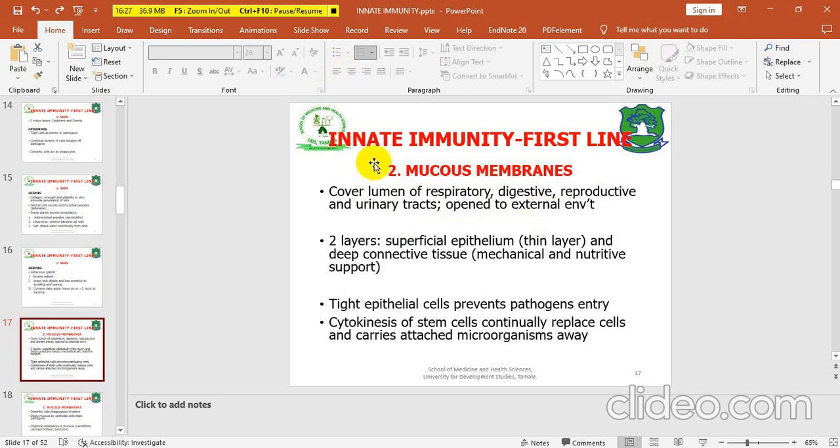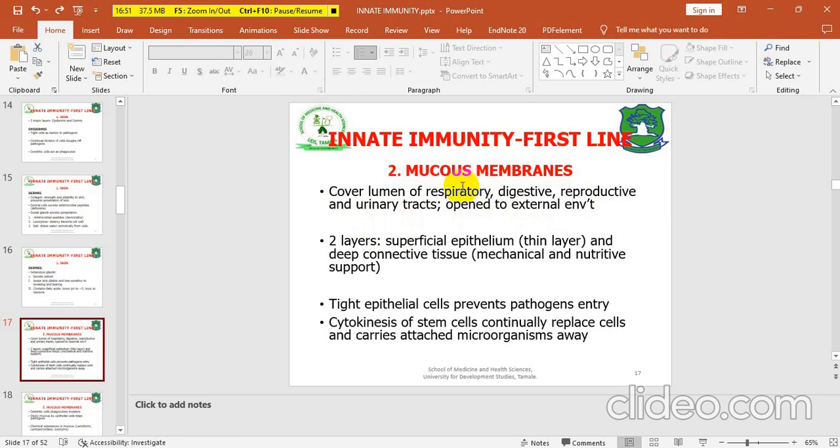So all these sections of the body, these lumens: the respiratory starts from the nose, digestive from the mouth to the anus, reproductive, that's the vagina. They are all open to the external environment.